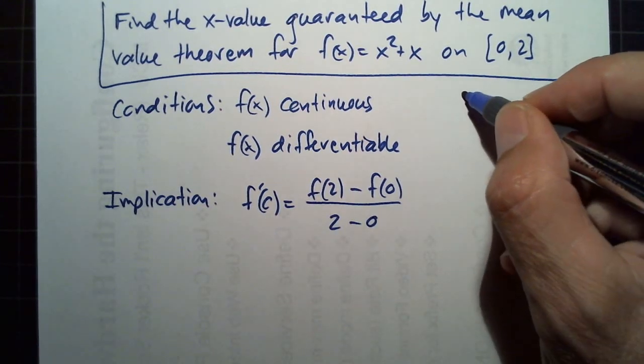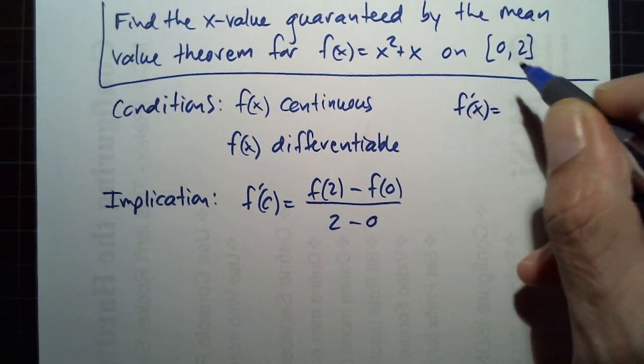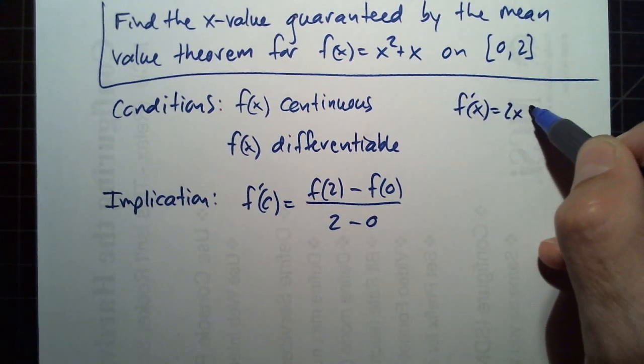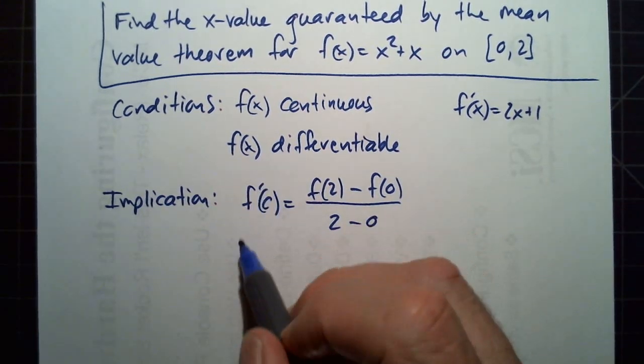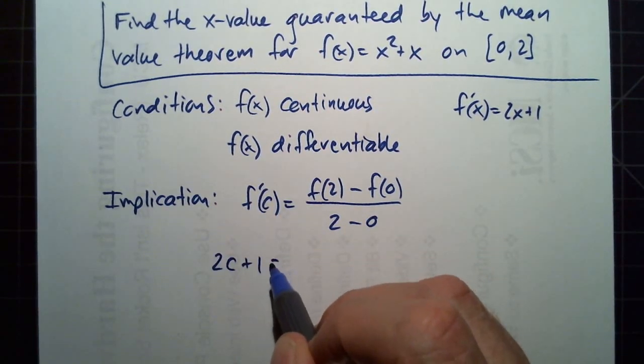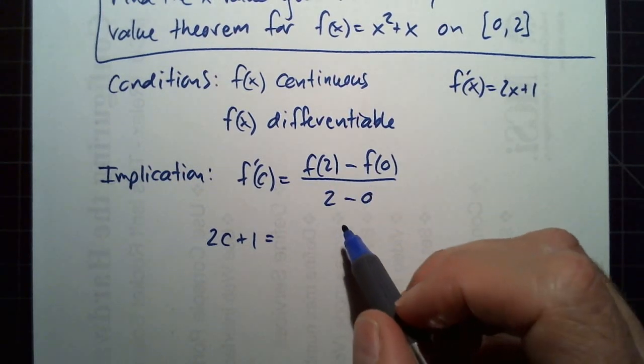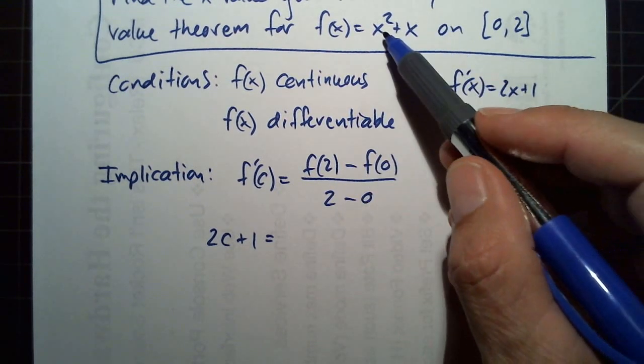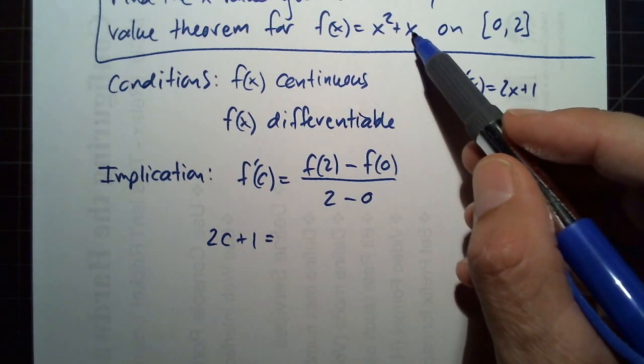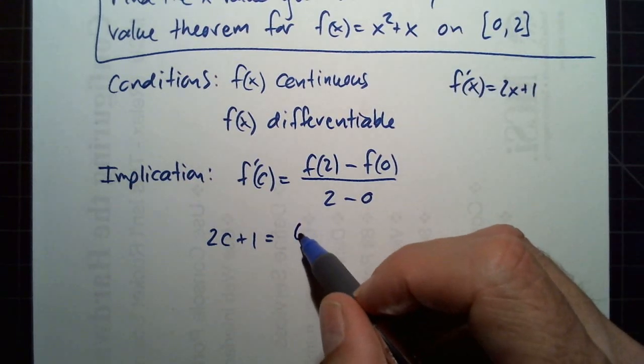Let's find f prime. F prime is 2x plus 1. So now this is going to be 2c plus 1 is equal to f of 2. If we put a 2 here, that's 4 plus 2 is 6.